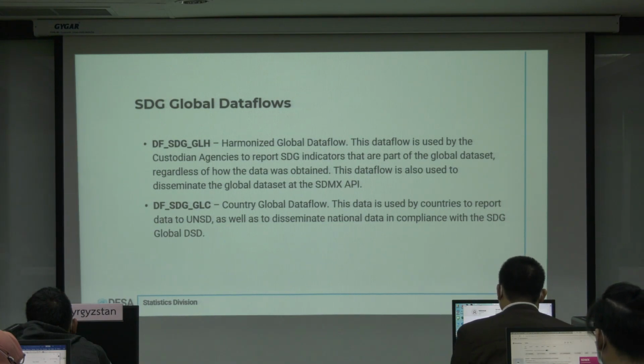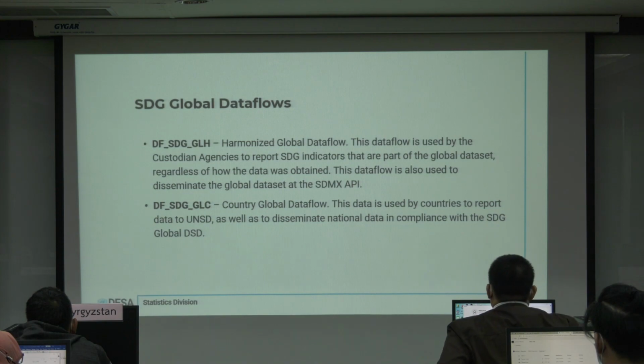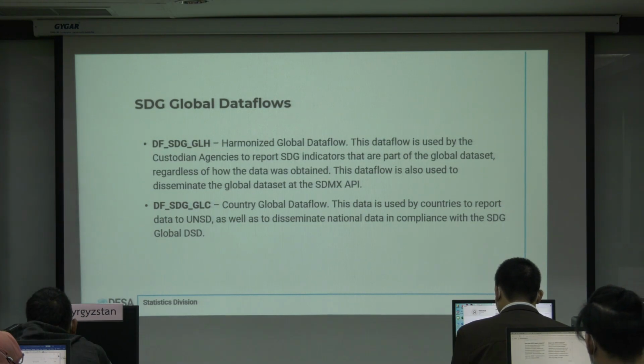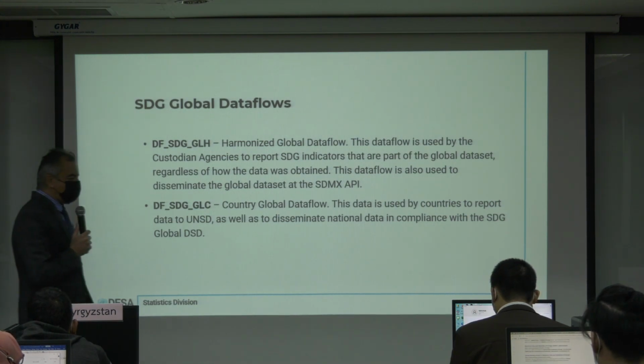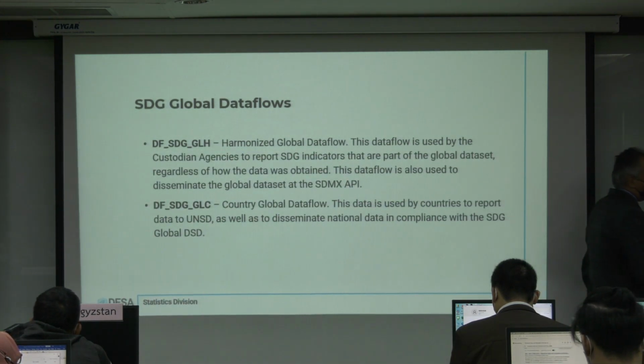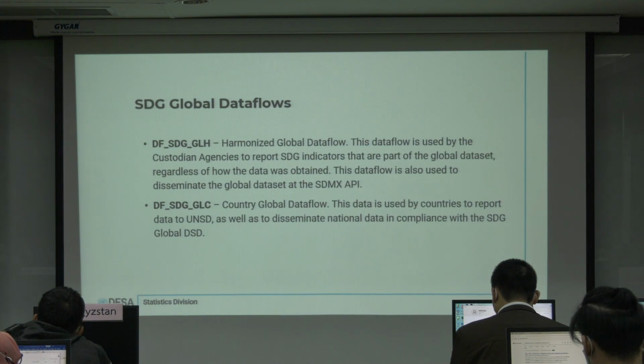The harmonized global data flow is used by the custodian agencies, by the World Bank, ILO, UNICEF, UNEP, WHO, UNDP, IMF, and all the others to report their data to UNSD.